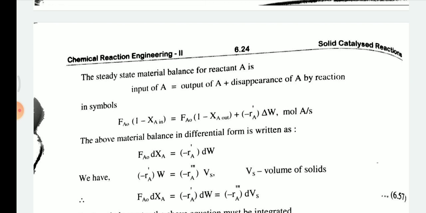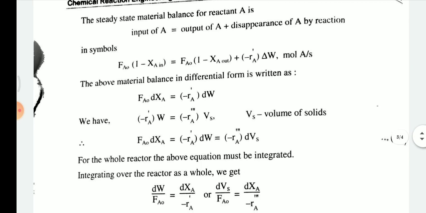Since it is a plug flow reactor, input of A is equal to the output of A plus disappearance of A by the reactions.